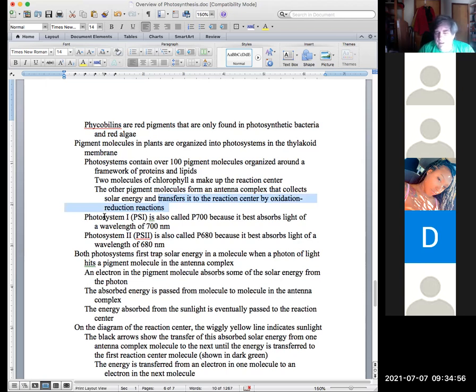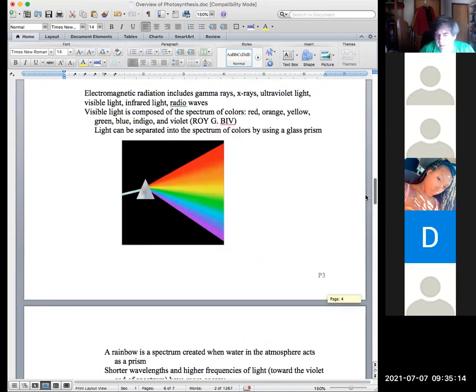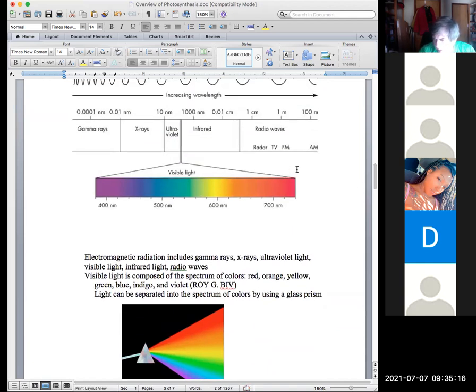And there's really only two photosystems in plants. There's one called photosystem 1, which is often abbreviated as PS1, and it's sometimes called P700 because it absorbs light of wavelength 700 nanometers best. So if we go back up here, 700 nanometers is right at kind of the transition between orange and red.